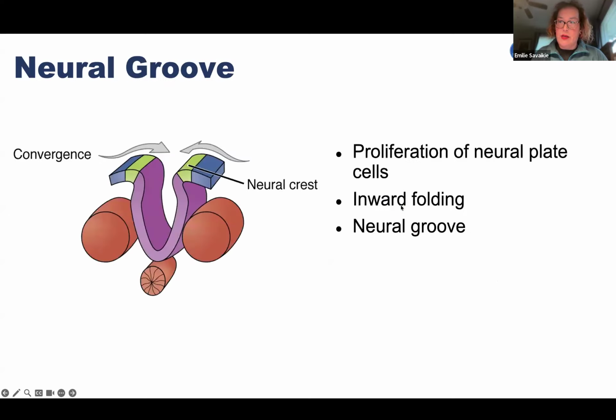And they'll fold onto itself. It's really hard to imagine in this 2D image, but you get this proliferation of neural plate cells and it keeps growing. And you have these edges that start to come together with this inward folding, and it forms what we'll call the neural groove.